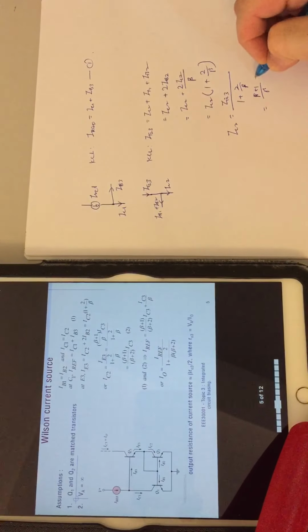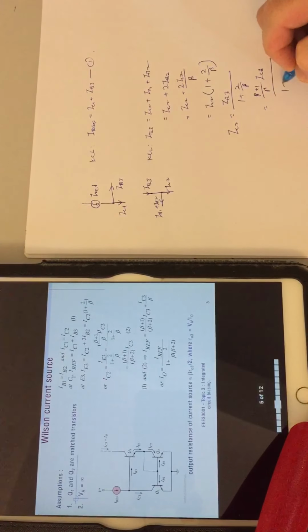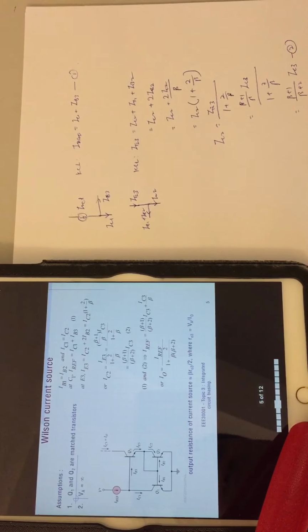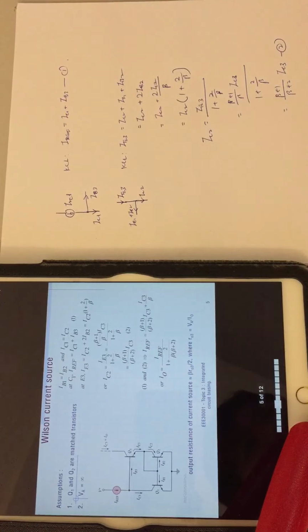Beta plus 1 over beta multiplied by IC3 equals IE3. Then we get equation number 2. Beta over beta plus 2 multiplied by IC3 equals IC2. So that gives us equation number 2.